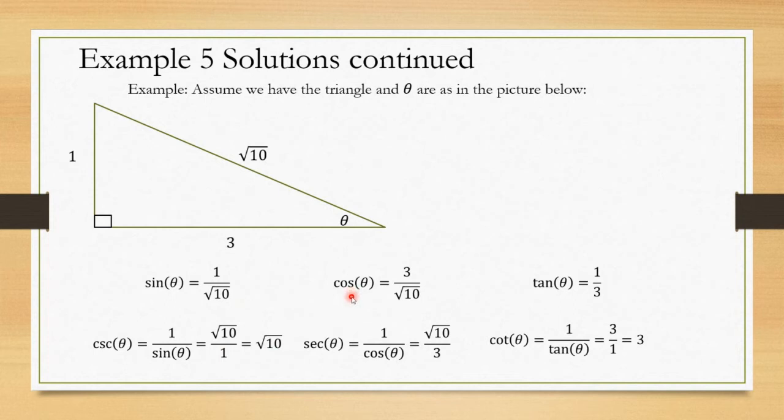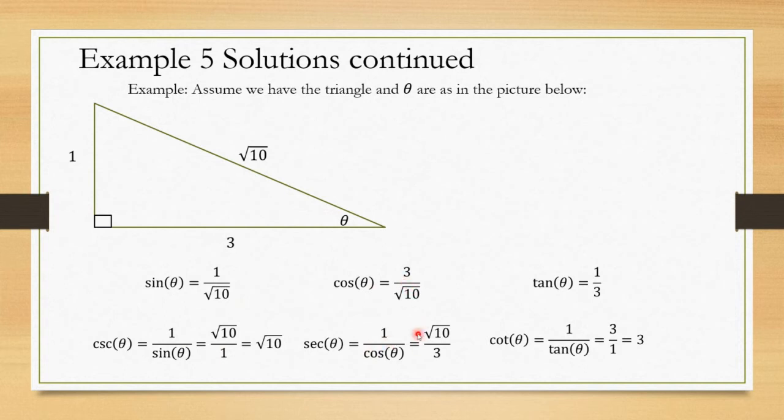Now, cosine of theta is adjacent over hypotenuse. So we have 3 over radical 10 for cosine theta. Now for secant of theta, that's 1 over cosine. Invert it.